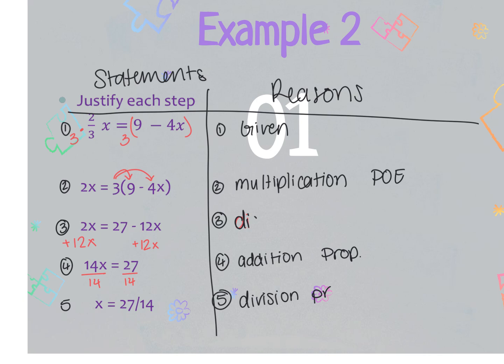Oops. And then this one should be division property of equality, POE, as well as my addition should be POE.